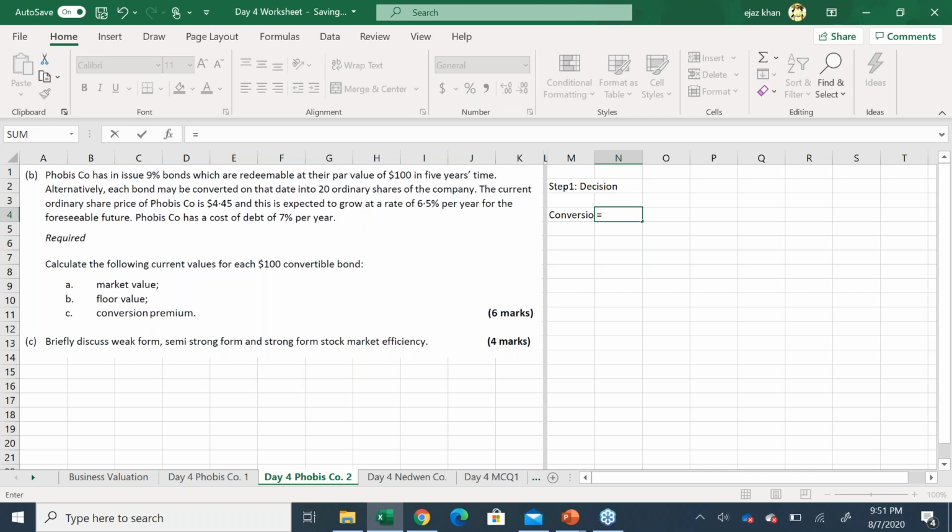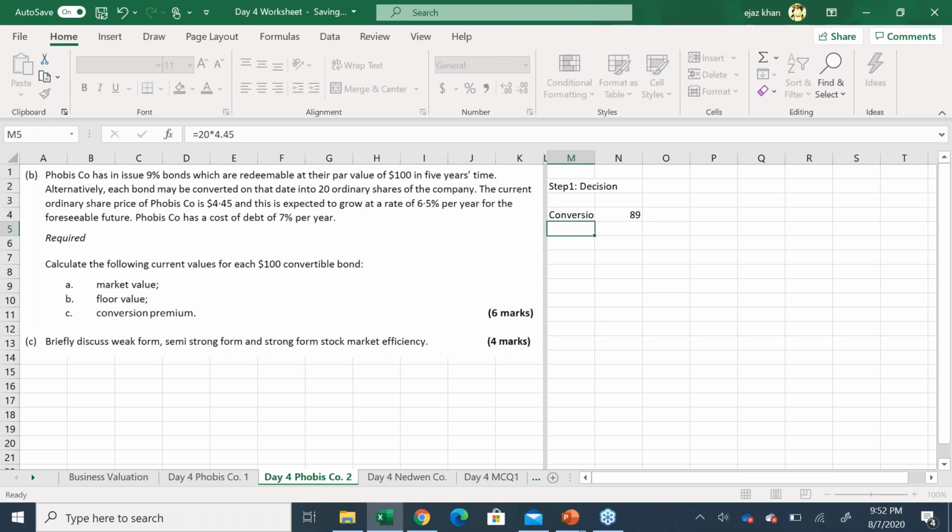How many shares can the investor get against one debenture or one bond? 20 shares. And what is the current price of the share? 4.45. Let me multiply it with 4.45.